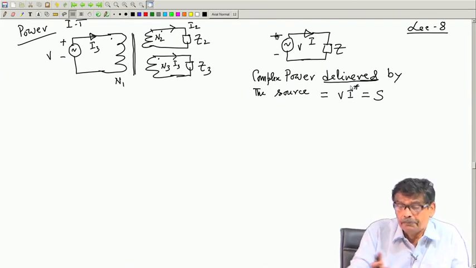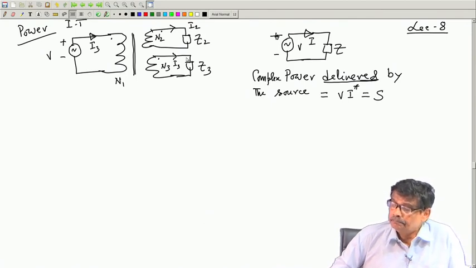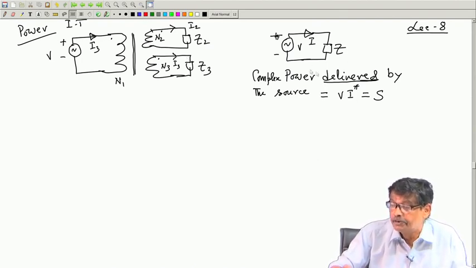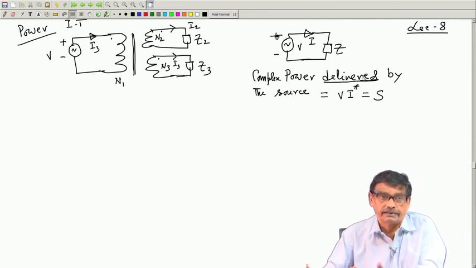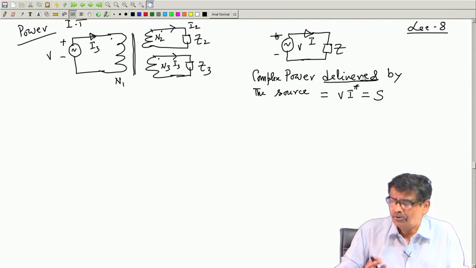It might so happen that V I star gives you a negative real part. I should not be surprised then; the complex power delivered by the source is minus real power 100, means it is really absorbing real power.